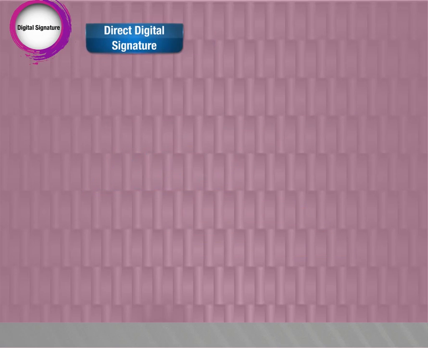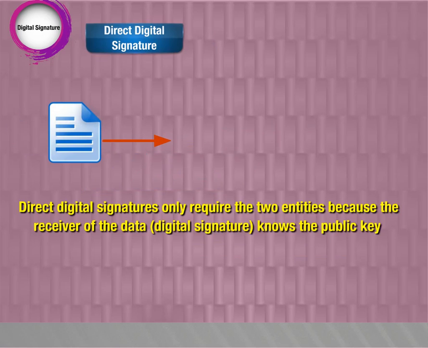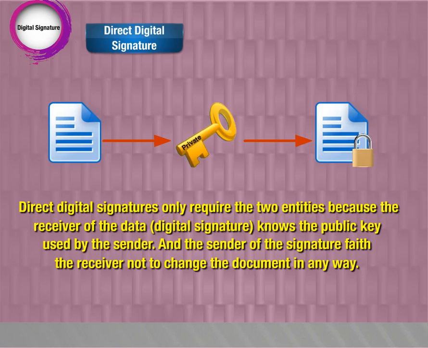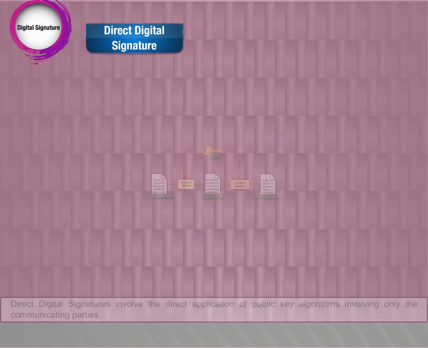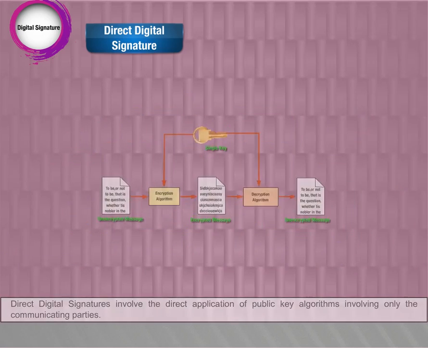Direct digital signature. Direct digital signatures only require the two entities, because the receiver of the data knows the public key used by the sender, and the sender must trust the receiver not to change the document in any way. Direct digital signatures involve the direct application of public key algorithms involving only the communicating parties.